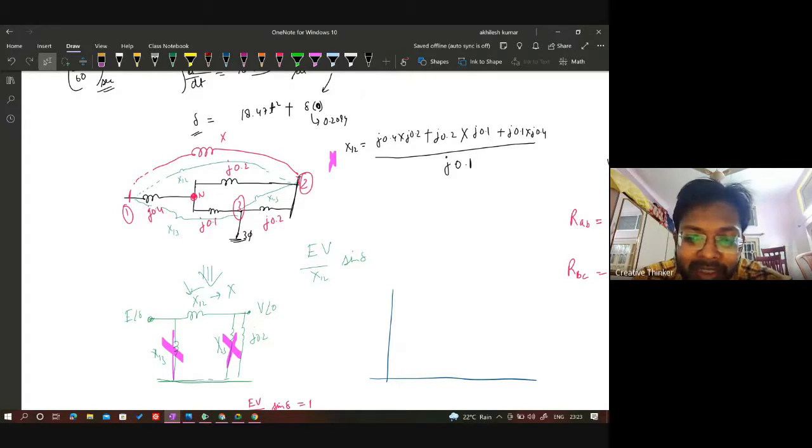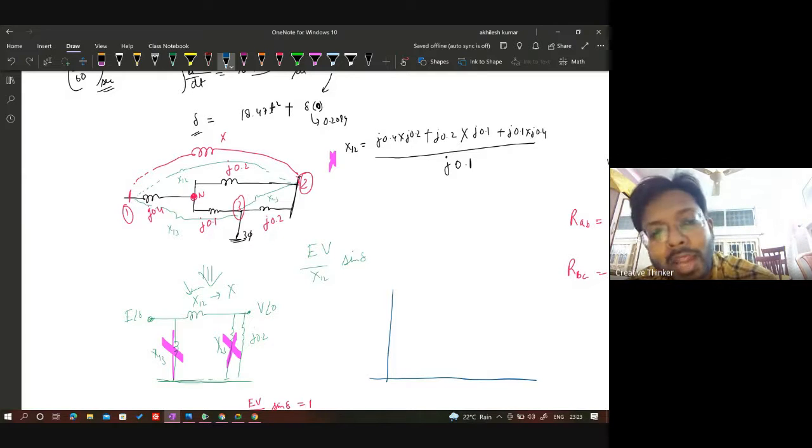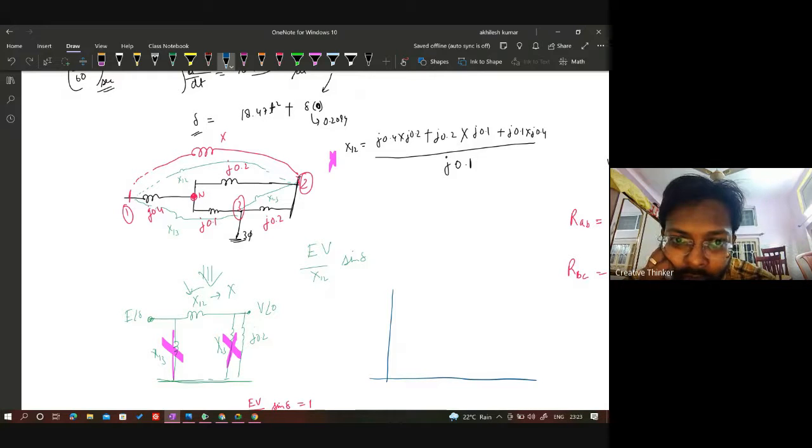In this case, we have three power-delta curves. Why three? Because during the fault also power is getting transferred. At what curve is it getting transferred? For that, you have to find the equivalent reactance. So there is an equivalent reactance pre-fault, another equivalent reactance during the fault, and another equivalent reactance post-fault.